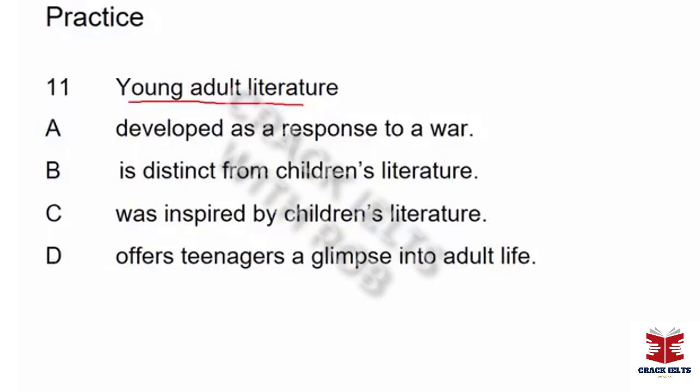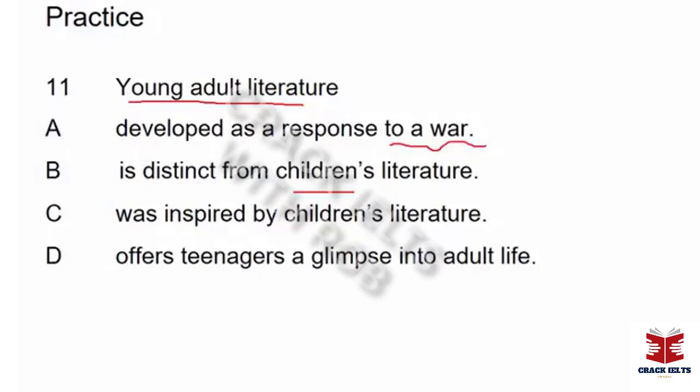Now, there are some clues. As you're looking through answer choices A, B, C, we see that, first of all, there's a discussion of a war. And if you looked in part A of the text, there is a discussion of World War II right at the beginning. There's also a discussion of children's literature, another topic mentioned early on in paragraph A. So we've got some clues here about where to start looking.